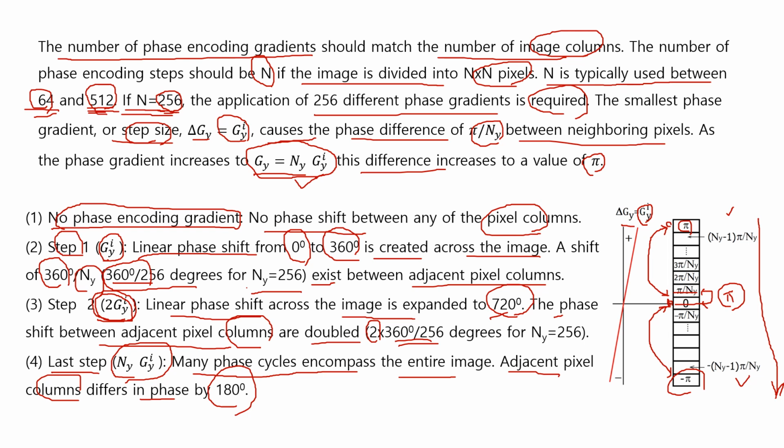Well, in this way, we continue 256 times by changing the slope of the phase encoding gradients. Then we can have enough data to discriminate the frequency and phase of all the pixels.